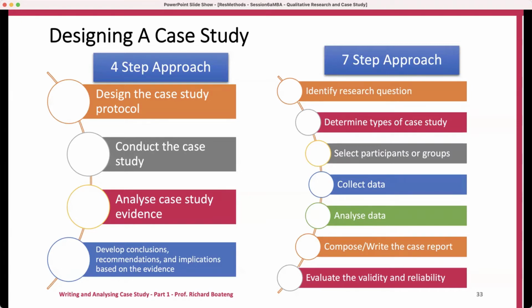In the 7-step approach, you are doing a similar thing. But you start by identifying the research questions, the type of case study you want to do, select your participants, and then you collect your data, analyze your data. So the first 3 parts, and even where you collect your data, all form part of your case study protocol.